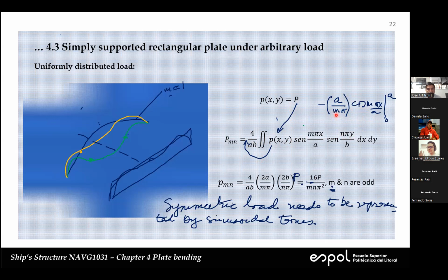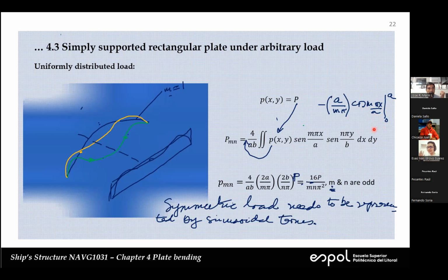Okay, we can integrate. And here, this is something that we reviewed last session: when m is even, in that case, this will get you 0. Because, for example, you get 2 pi x over a. If this is evaluated at a, you get cosine of 2 pi, which is equal to 1, minus cosine of 0, that's also 1.